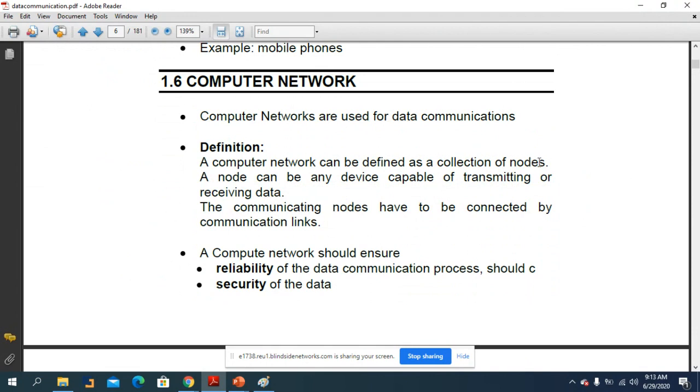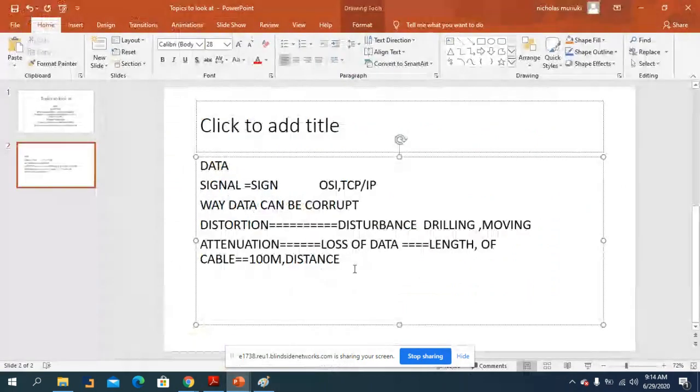And that's why we are saying that. In networking, nodes are referred to as computers or the end communication points. There are two things that we are supposed to understand within the network. One is data communication equipment and the other is data terminal equipment, DTE.